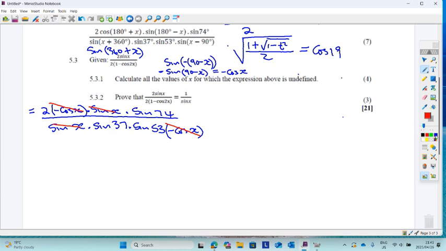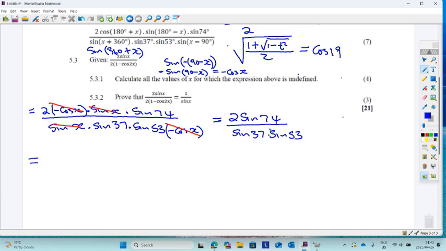I've cancelled there, and then from there we are left with 2 sine 74 all over sine 37 times sine 53. All right, from there what should we do?